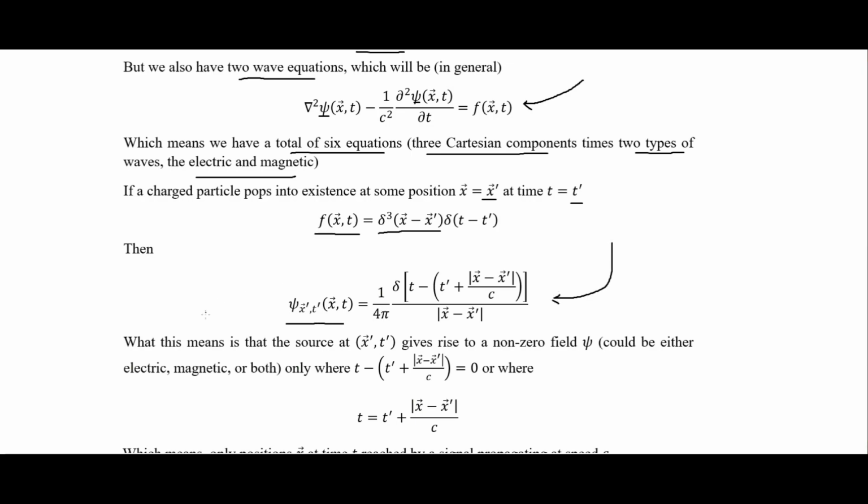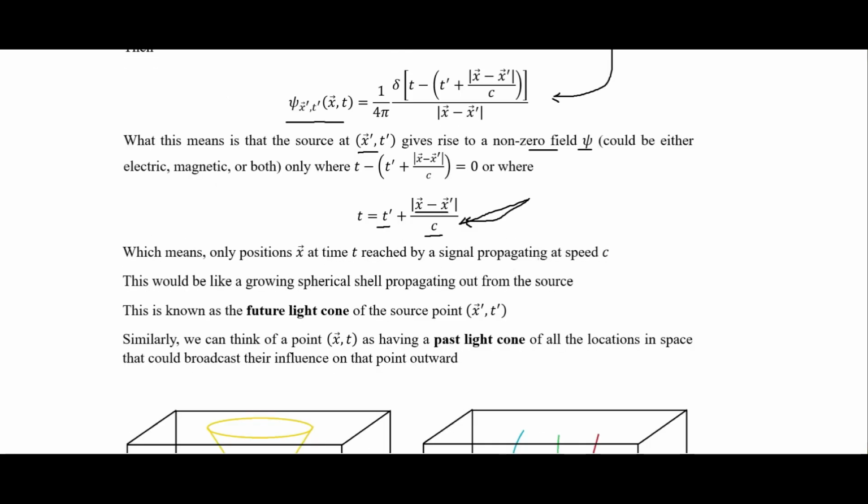That means the source at this x prime, t prime gives rise to a non-zero field psi only where this is equal to 0, or where the time is equal to the time that the particle pops into existence plus this change in distance. We're looking at a growing distance that's growing at a speed of c, the speed of light, which means only positions x at time t reached by a signal propagating at this speed c.